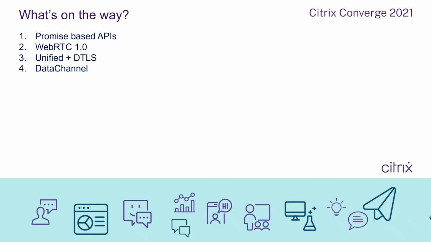As well as unified semantics and DTLS for peer connection configuration, and also for some of the other data paths while the call is active. Is data channel. Data channel is utilized to pass some of the auxiliary data information in addition to audio channel.